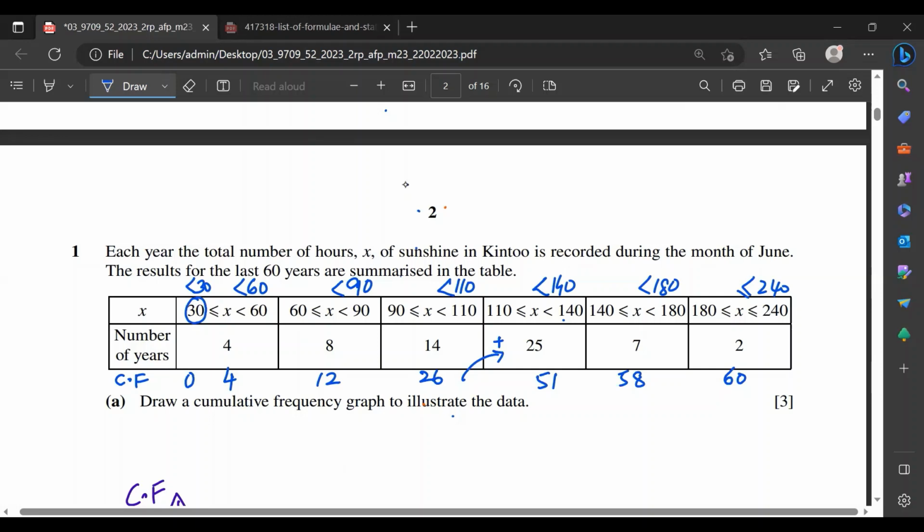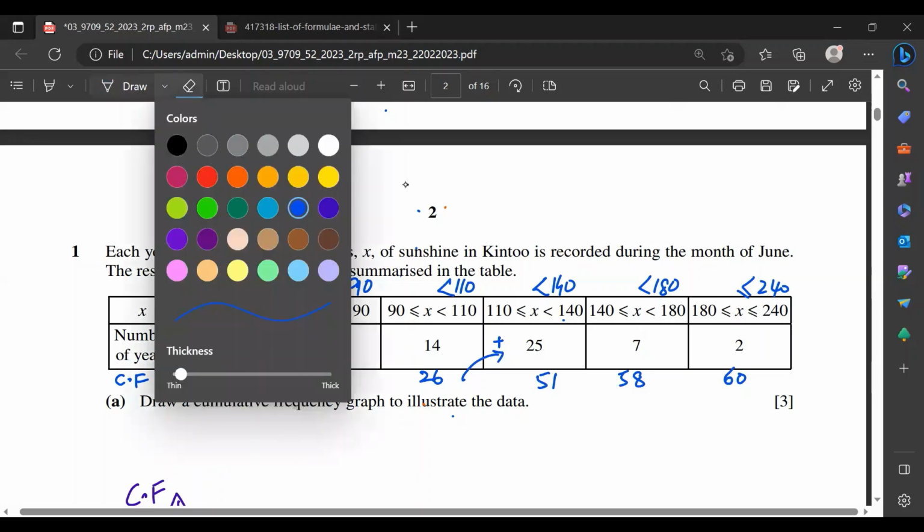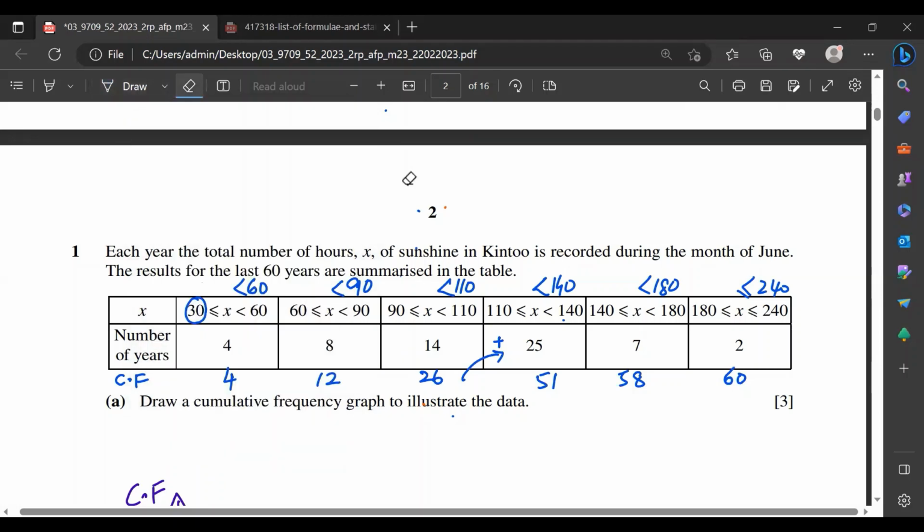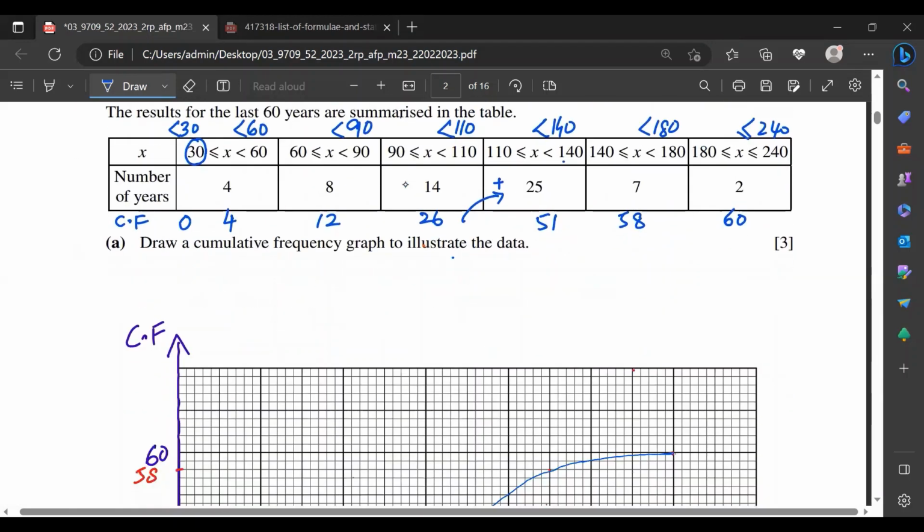After finding the cumulative frequency and the upper class boundary, now on the graph, take the cumulative frequency on the vertical axis. Less than 30 is 0. So here is the cumulative frequency.